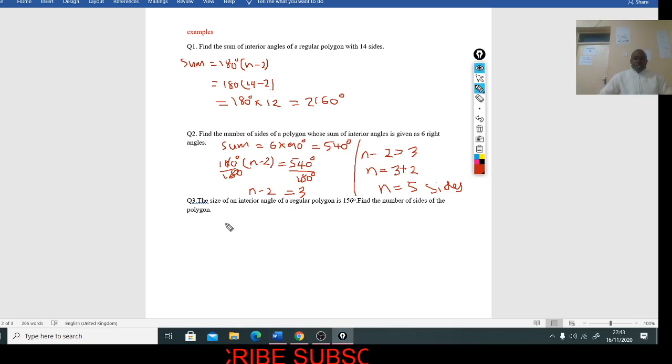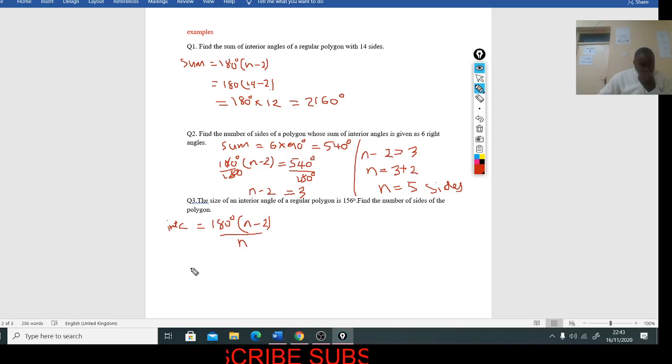If we know the size is 156 degrees, and to find each interior angle we use the formula, each interior angle equals 180 degrees into brackets n minus 2, divided by n.